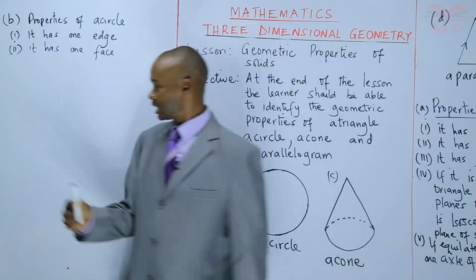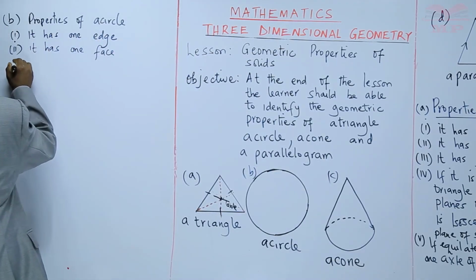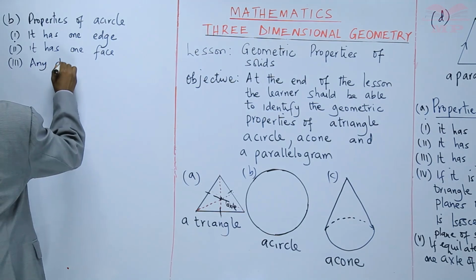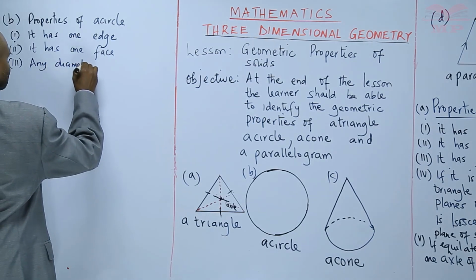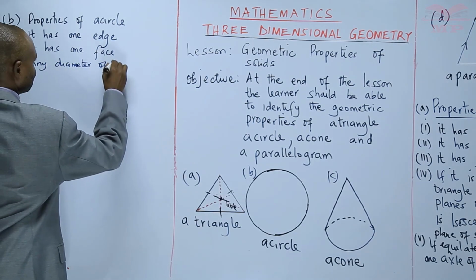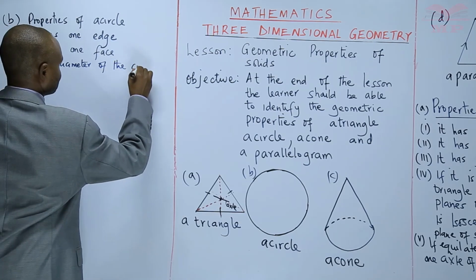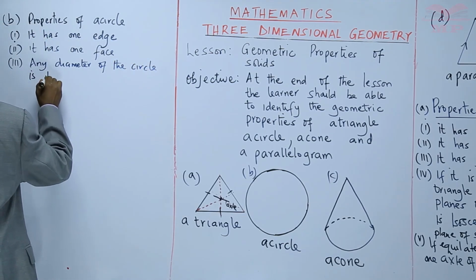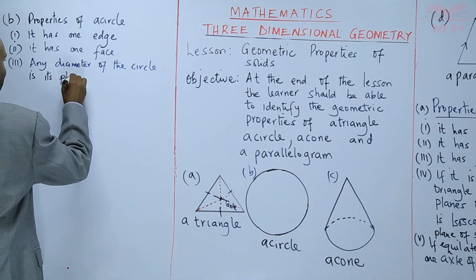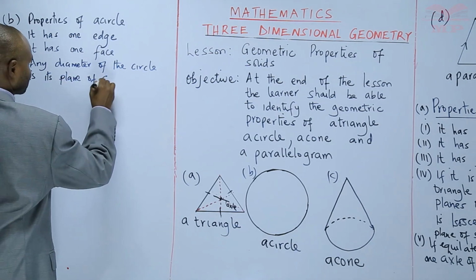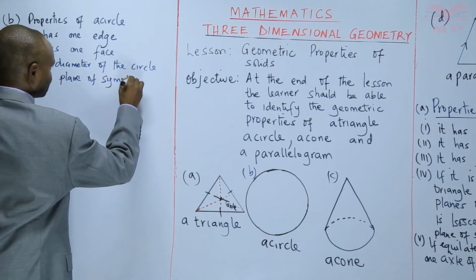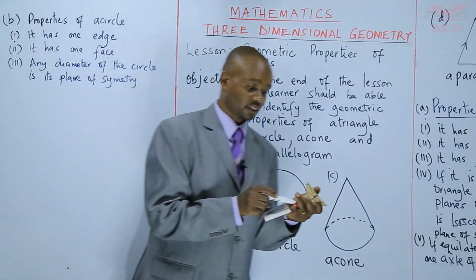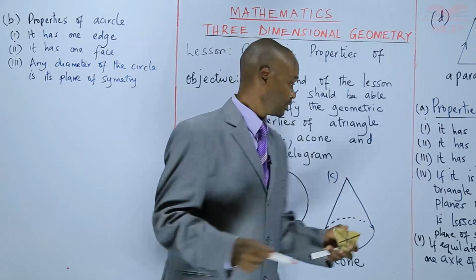So you realize in a circle, any diameter of the circle is its plane of symmetry.